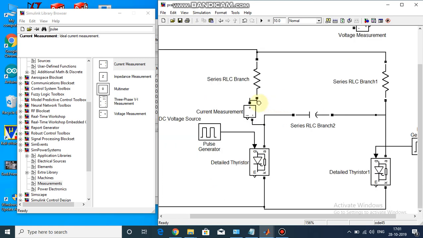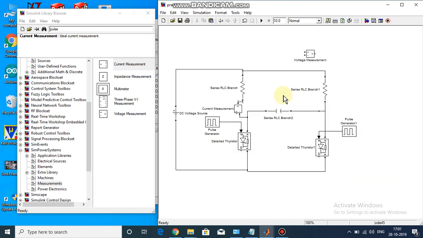Make sure it's well connected. It's connected, and this voltage measurement block would be rotated and connected over here.